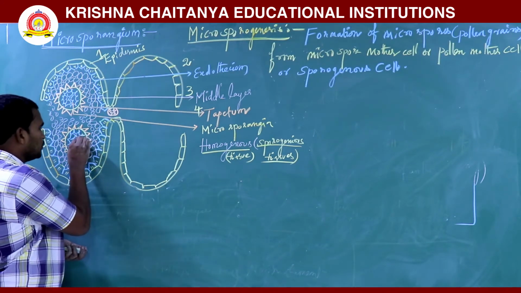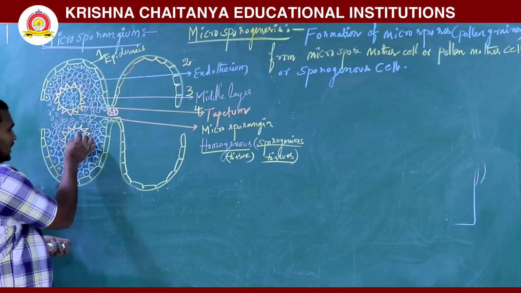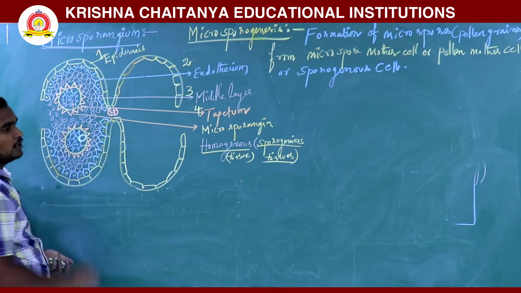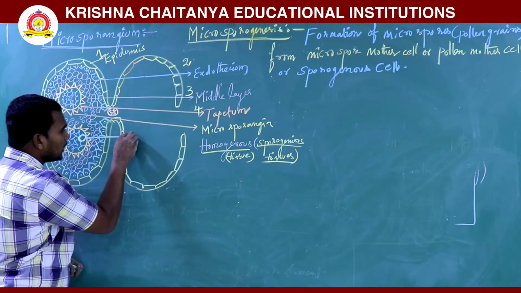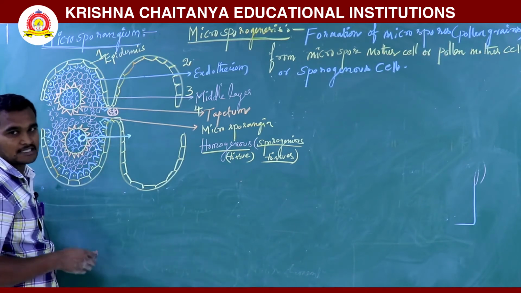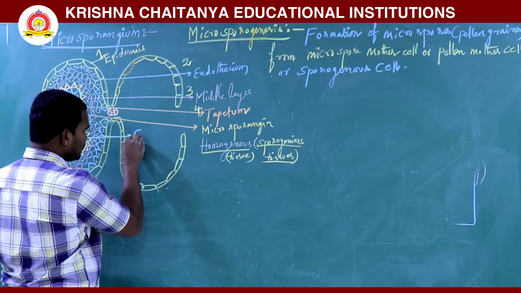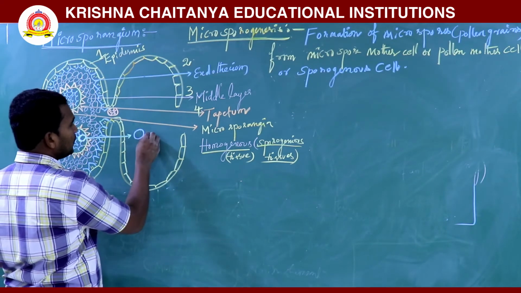This is the sporogenous tissue. If you take one tissue, many cells are there, no? One of the cells, this is the one cell.